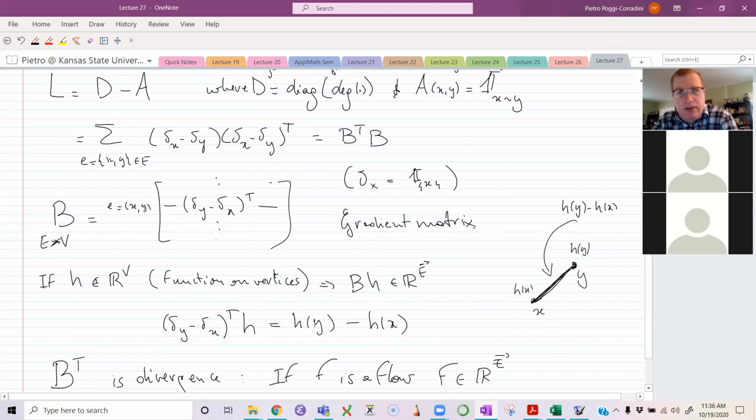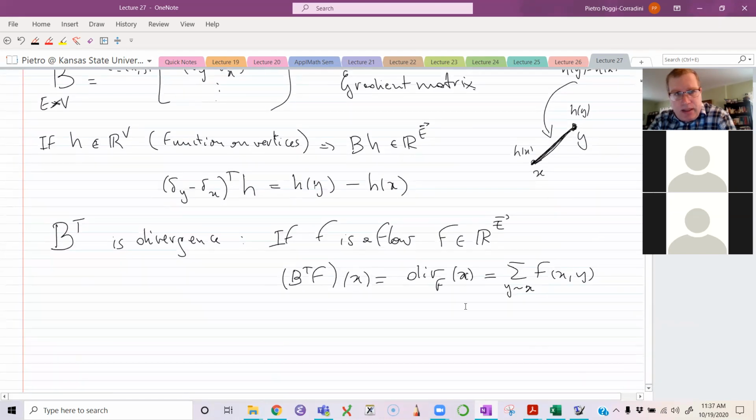You're not making this into a directed network. It's still undirected, but it's just for convenience of indexing. If we want to index over the edges, we need to choose an orientation.